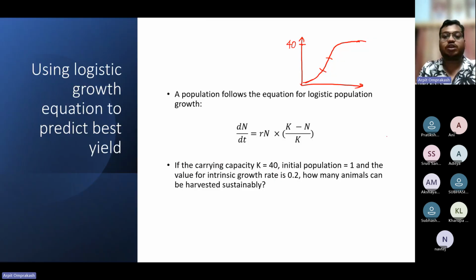If you assume that the mortality is similar across all this time, then this is the point where we'll have the maximum growth of the population, right? Which is the log phase. So we should ideally be catching our fishes here for the maximum yield.